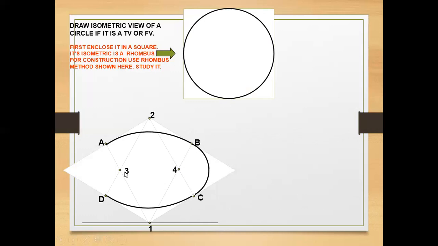And from point 3, measure A or B, D and draw an arc. This is the procedure for drawing a circle in 3 dimensions. The same way in front view. This is the top view and this one is the front view. Same procedure.